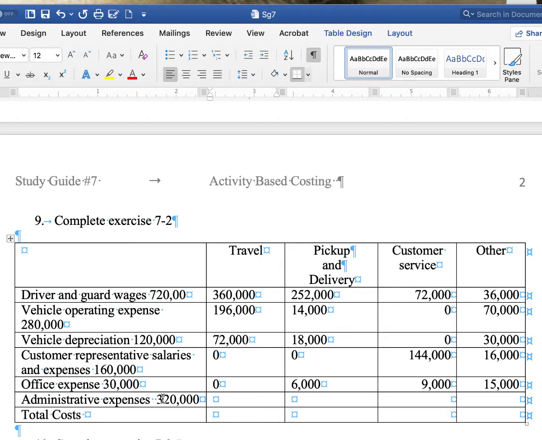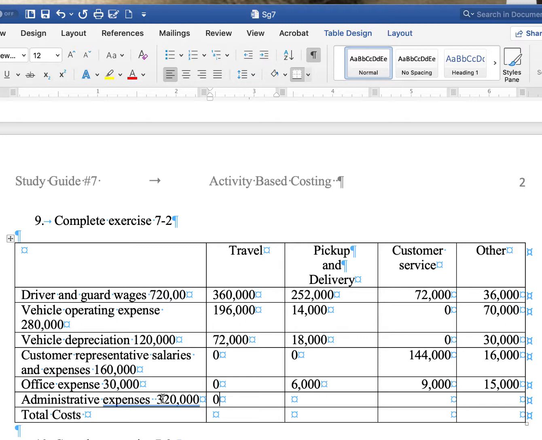It's $320,000. Okay. So we go to the head of the administrative department, and we say, okay, we've developed these cost pools. We've identified these cost pools. We want to know of your cost how much of each of these activities are consuming your cost. Well, the head of administrative says, my people really do nothing with travel, right? So 0%.